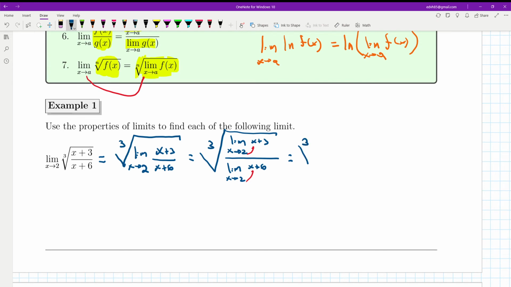So the cube root of 2 plus 3 over 2 plus 6, which in this case, well, 2 plus 3 will be 5.